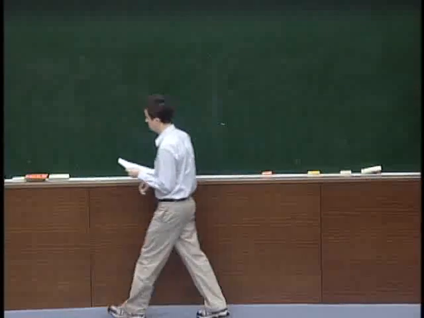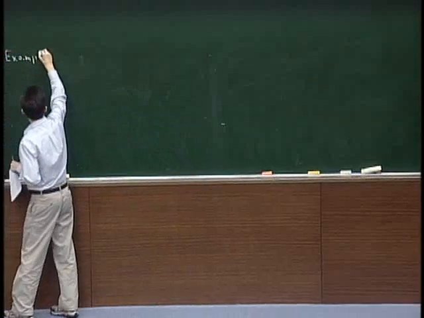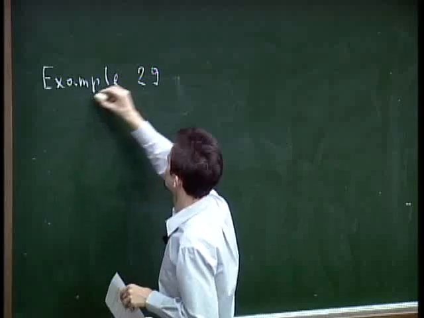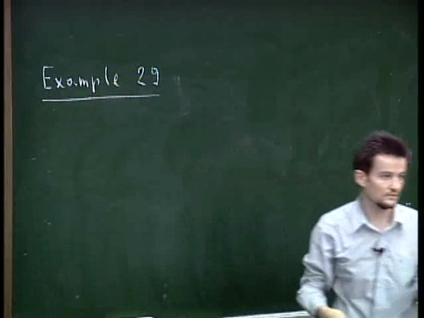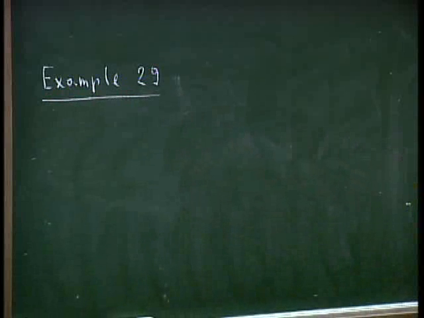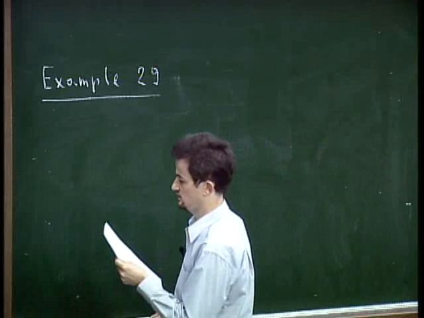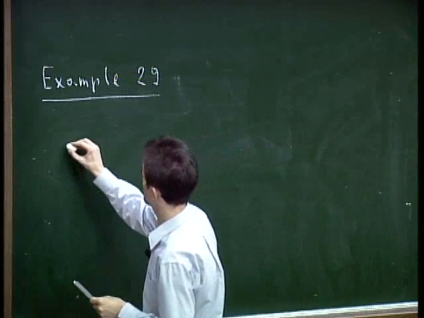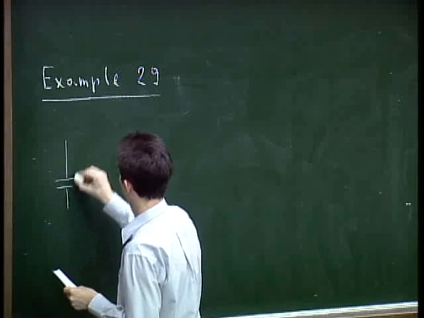Here we have two resistors. This is section 3.10, example 29. So you have two resistors which are connected in parallel. So you have something like this here.